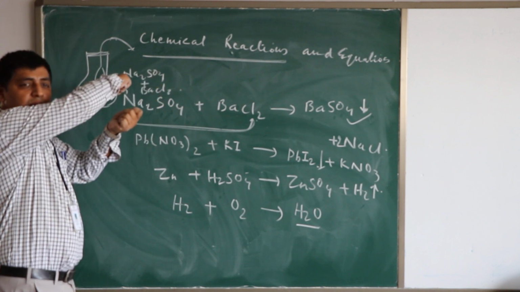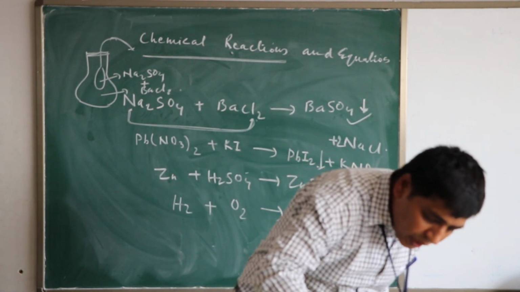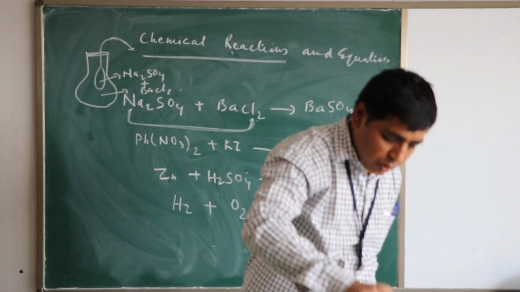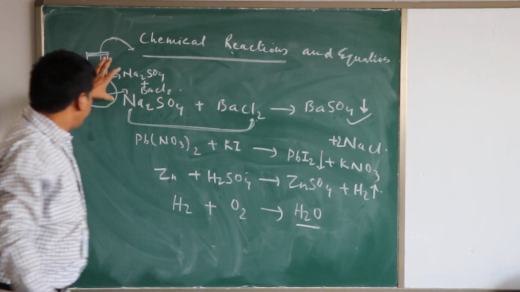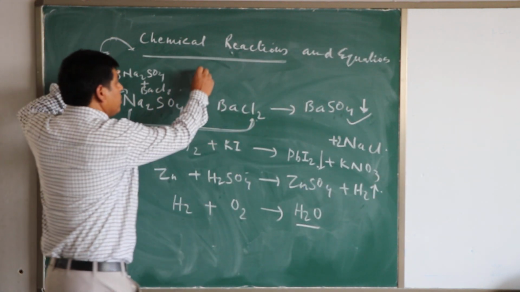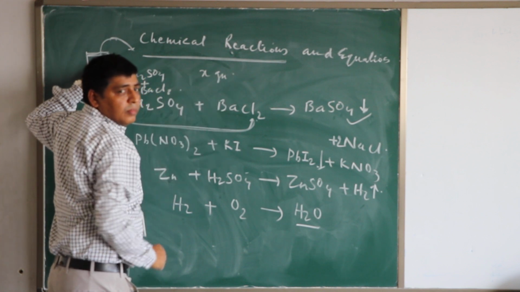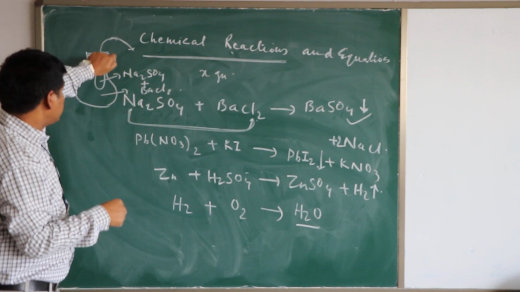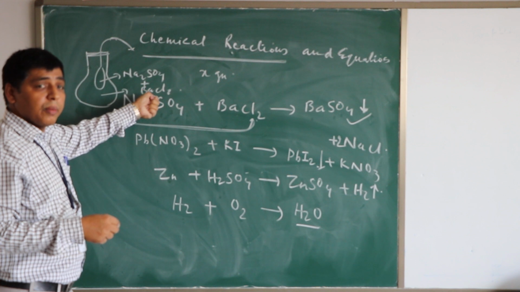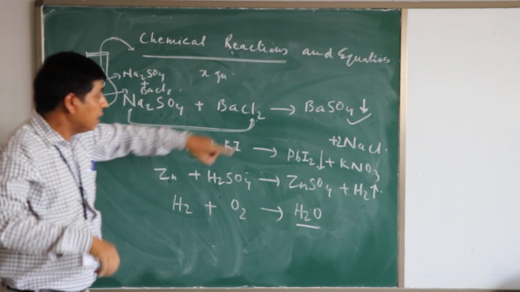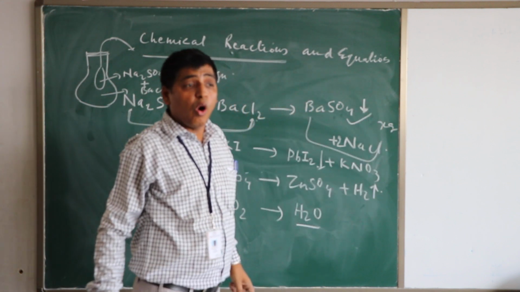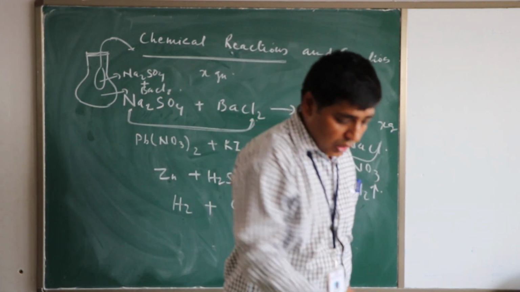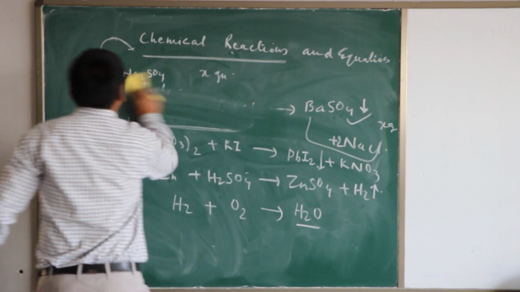Once you tilt it, you will get a white precipitate. Suppose before the chemical reaction, you find the weight of this to be x gram. Once you mix the sodium sulfate and barium chloride and find the weight again, it will come only x gram. That is called the law of conservation of mass.